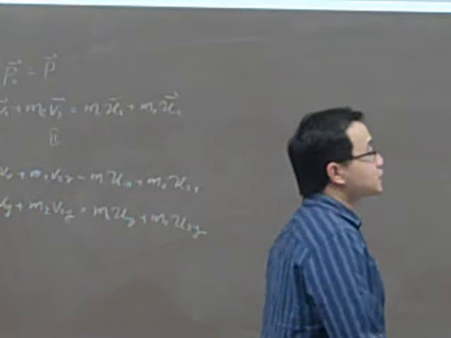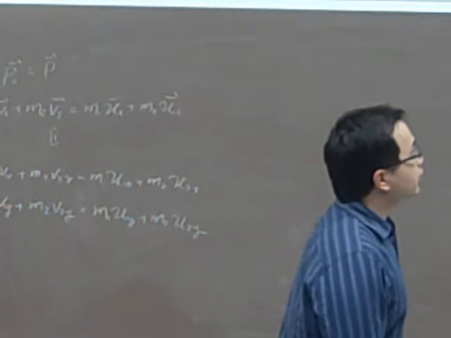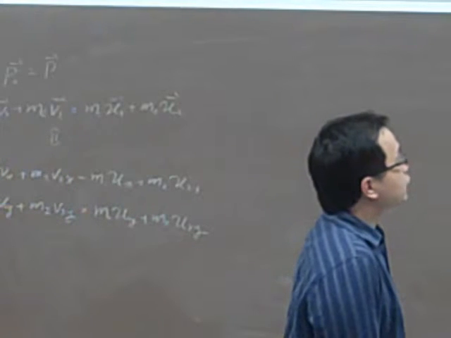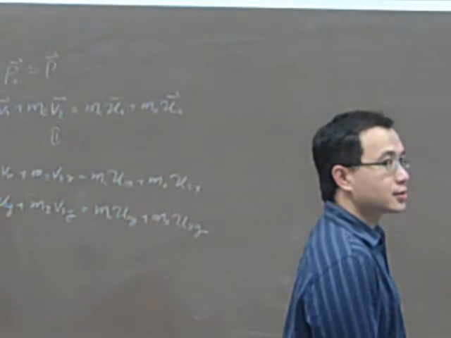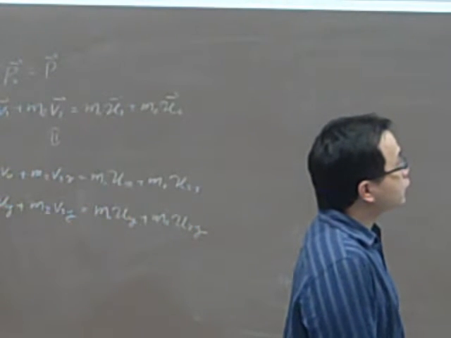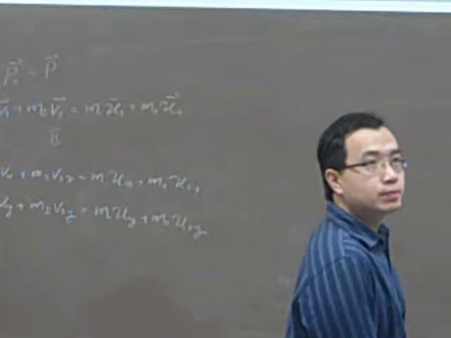Now, let's look at this problem. We give you vA, vB and uA as standard vector notation, and we want to find the final speed uB.